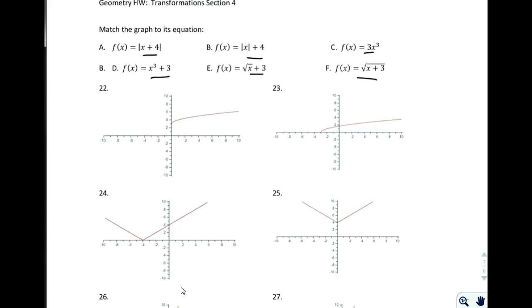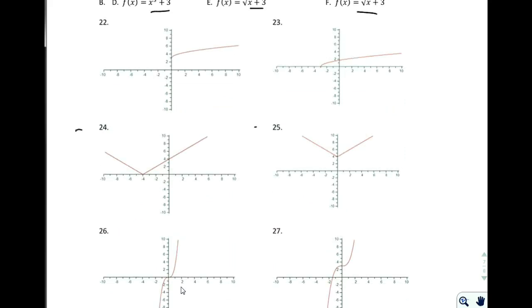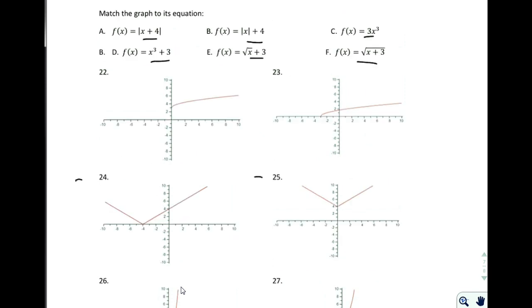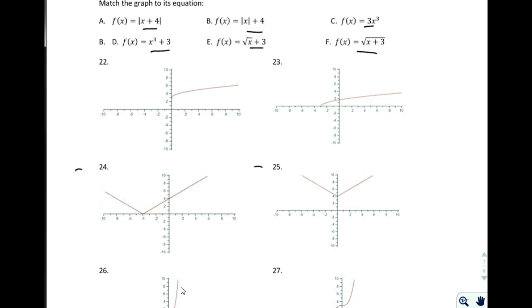For example, with A and B, they're both absolute value. 24 and 25 are both absolute value. So you know that one has to belong to the other. Then you just have to decide when it's in the parentheses or in the absolute value symbol, does that cause it to go left and right or up and down? And when it's outside, does it cause it to go left, right, or up and down? So once you work that out, you should be able to narrow down your choices pretty quickly. Good luck.